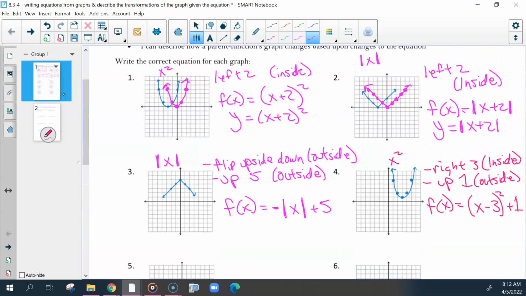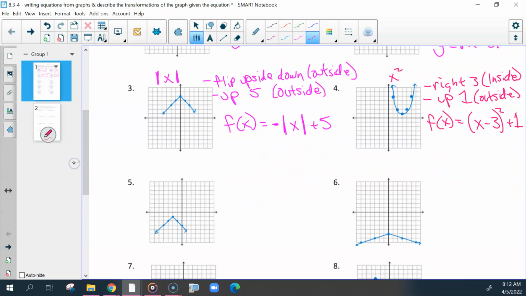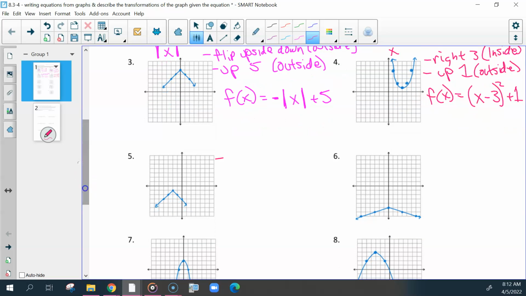Think about it in your mind. What changed? You guys said two different things. What did you say? Reflective over the x-axis and shifted to the left. Would it be up or down?